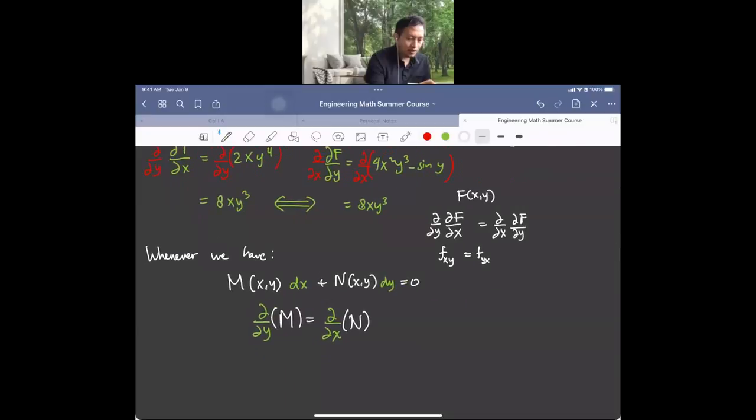Okay, then we can apply the exact equations method.